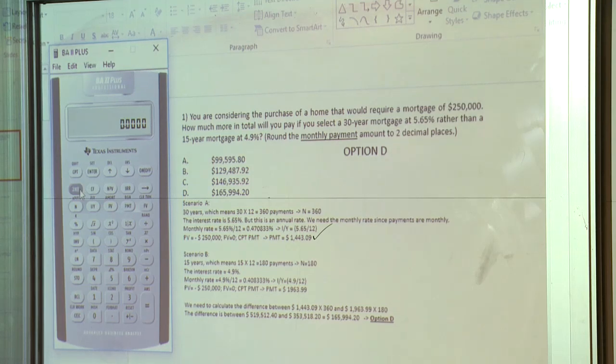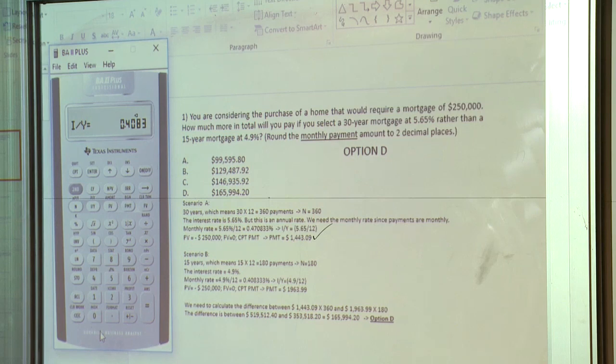As usual, the first thing you do is clear the memory. That's the most important thing. If you don't do that, you're going to get wrong answers. So you clear the memory, and then you start feeding in the numbers that we know. For the second scenario, the number of periods is 180. The interest rate per period is going to be 4.9 divided by 12, and then that's I/Y.